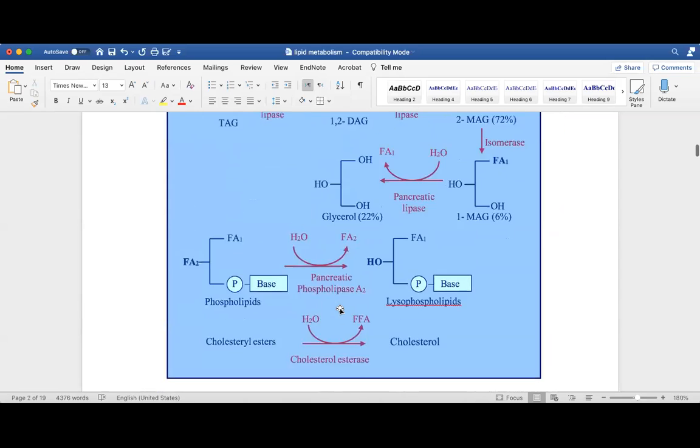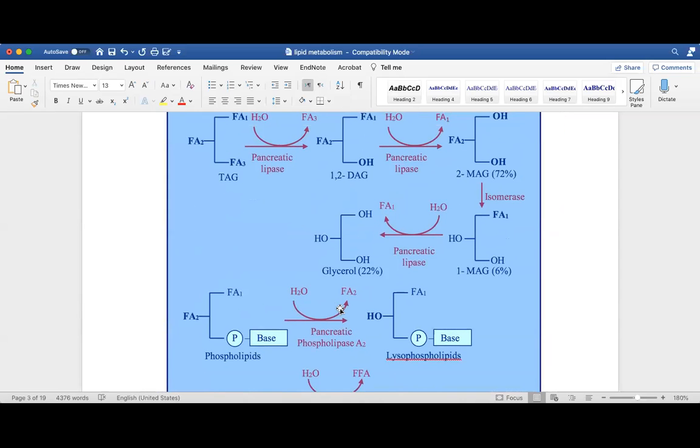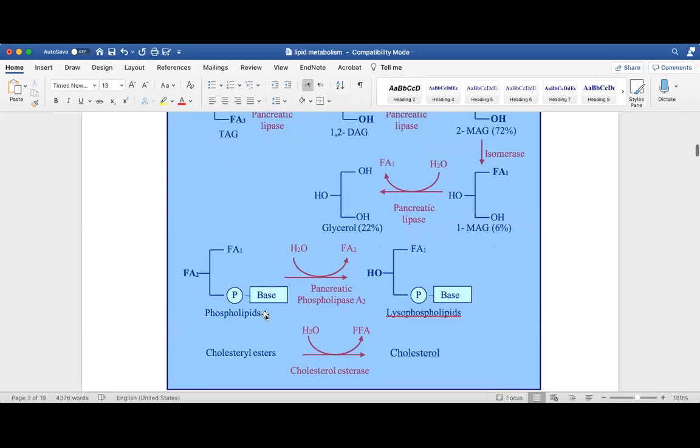We have another thing in our diet: phospholipids. If you study lipid chemistry, phospholipids also contain glycerol, the main alcohol of lipids. We have a fatty acid at position number 1, a fatty acid at position number 2, and then phosphoric acid and a nitrogenous base.